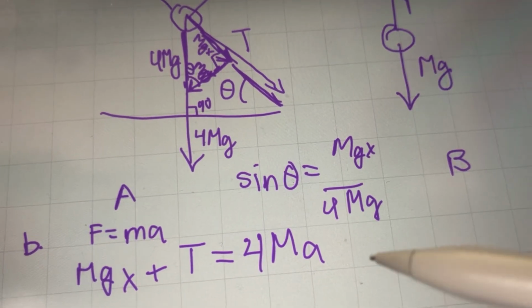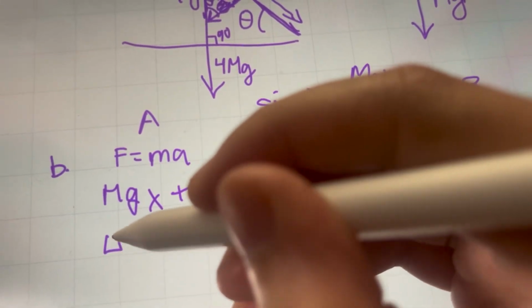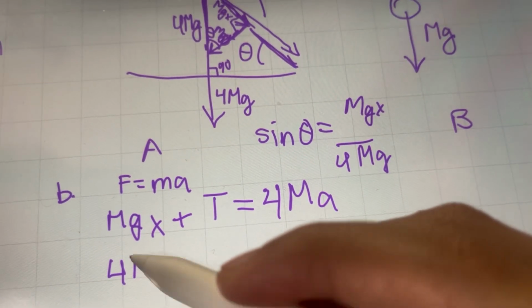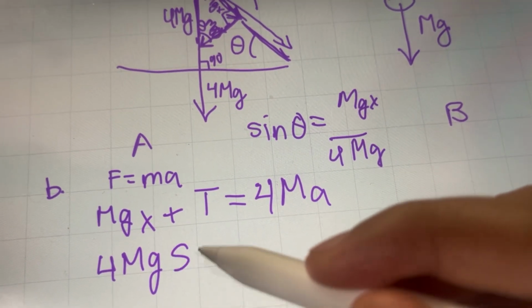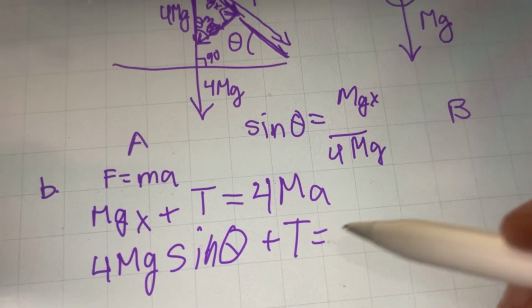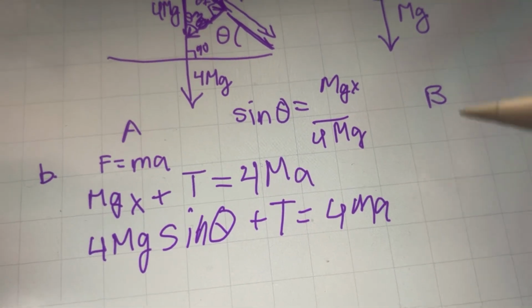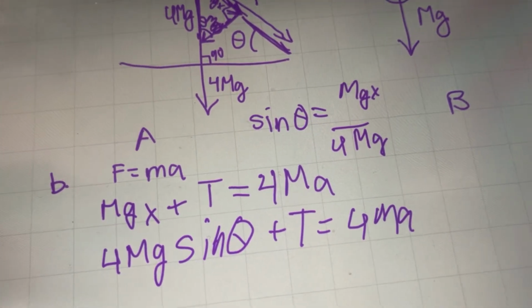And multiply that over, and you would just get 4mg sine theta plus T is equal to 4M a. There.